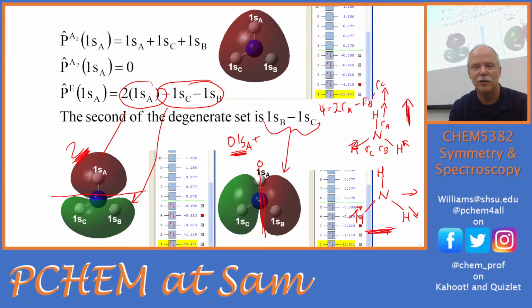A is increasing while B and C are decreasing. So this is pretty cool that there's nothing that ties the projection operator to vibrational motion or to molecular orbitals and atomic orbitals. It's the molecule. It's the symmetry of the molecule. So everything that molecule does will be in that character table.